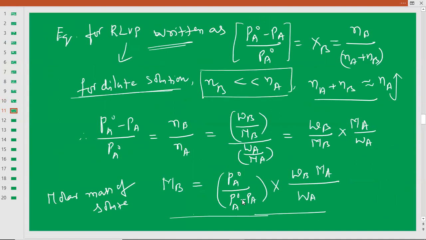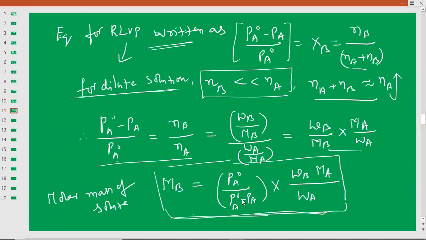This condition is most important. Whereas this Na plus Nb can be taken as Na, Nb can be negligible. That time in the denominator, this Nb by Na we wrote. Then after we simplified, finally we got MB is equal to PA naught by (PA naught minus PA) into WB MA by WA. Okay, whatever the symbol it may be, you need to tell what is WB, what is MA, what is MB, and all these things in the exam, in the description.